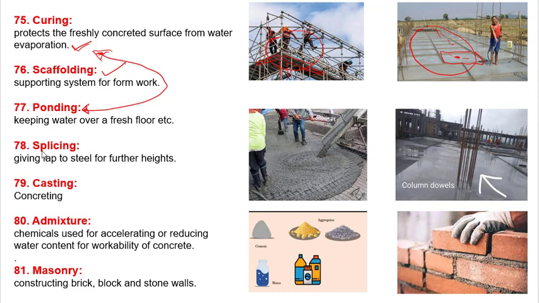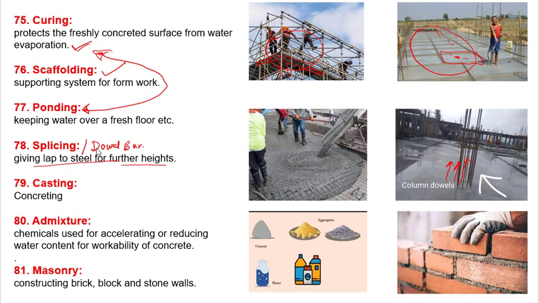And the next is splicing. Splicing, we also call it, you may have heard this word, dowel bars, right? Giving lap to steel for further heights. Like in this image, if we are going to construct 2 or 3 floors, then after constructing the ground floor, obviously for the first floor columns we need to keep the splices, we need to keep the dowels for further height of the building.